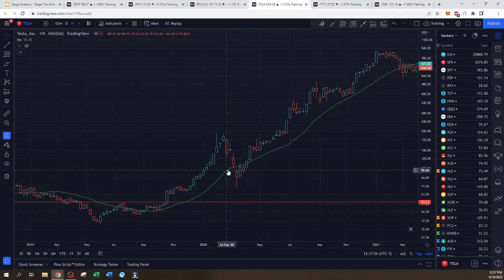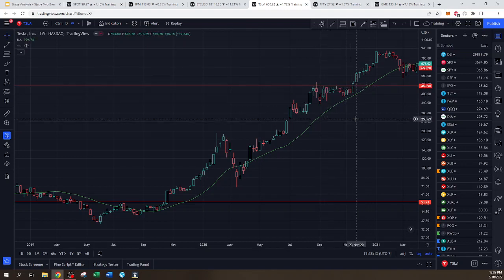But like I said, as long as the slope of the 20-week moving average is still positive, this asset is innocent until proven guilty, meaning that we're going to believe that the stage 2 continues, which it clearly did. And then here's another great base that formed. We'll use that 465 level, adjusted for splits, and in November of 20 we get a breakout, and that's a second edition of your stage 2.